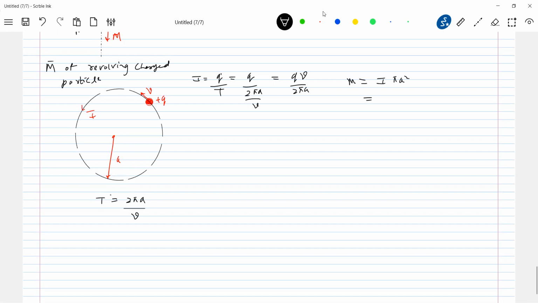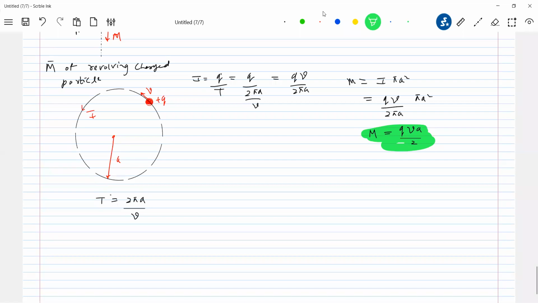What is the current? Current we have defined as Q omega by 2 pi, and the area is pi A square. So therefore this will be QVA by 2. This is the expression for the magnetic dipole moment of a revolving charged particle. V is the speed of the charged particle.